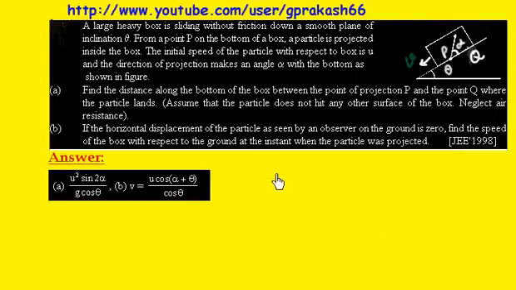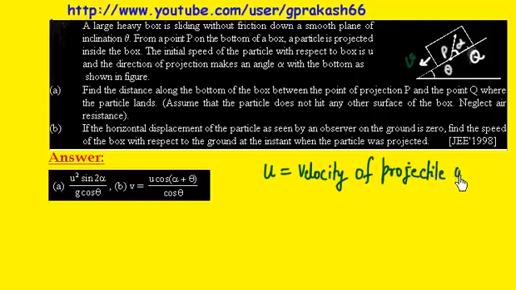So you have been given u, that is the velocity of projection. So the velocity of projectile with respect to box, that is important, is given to you. Alpha is also given, and theta is also given, that is the inclination angle of the incline.